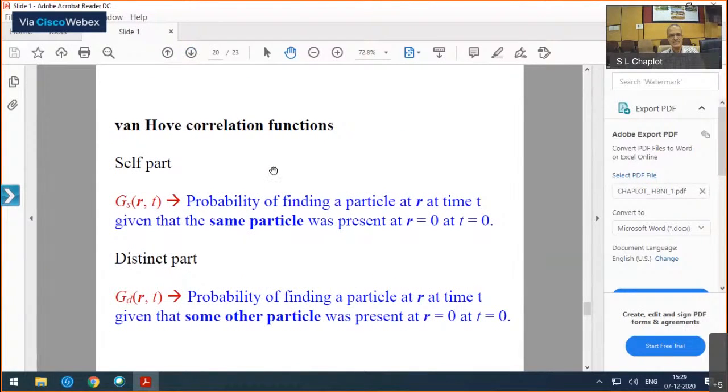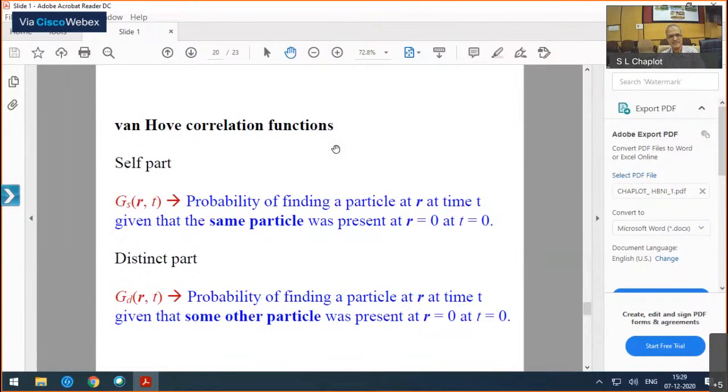As we discussed the other day, the scattering is proportional to the dynamical structure factor, which is S of Q and omega, in the reciprocal space. Q is a vector in the reciprocal space, and omega is the reciprocal of time.